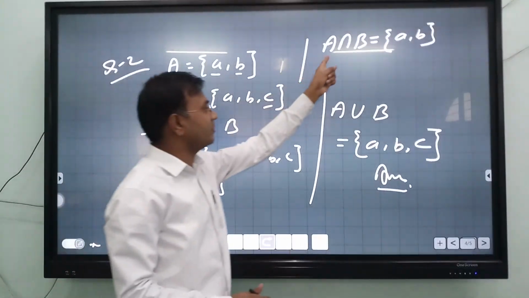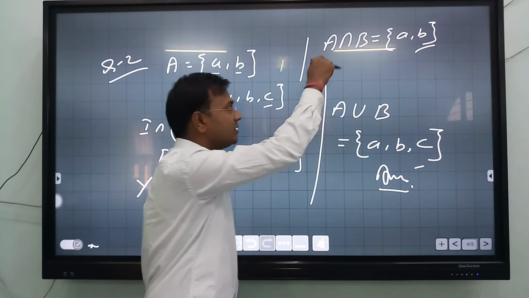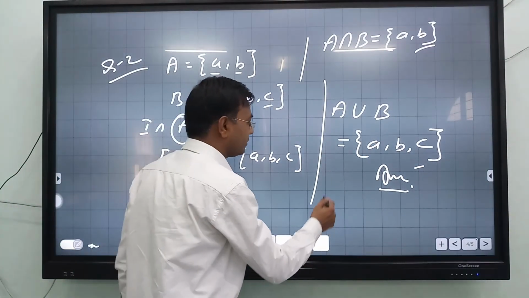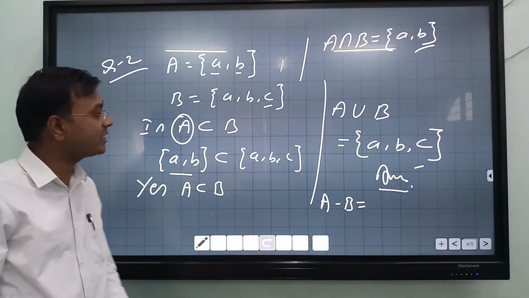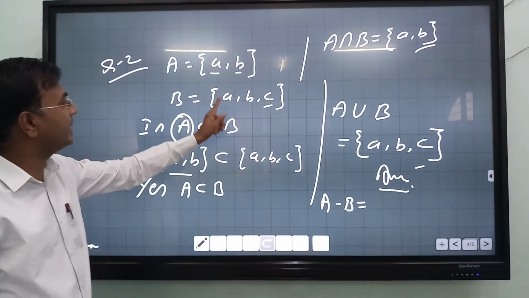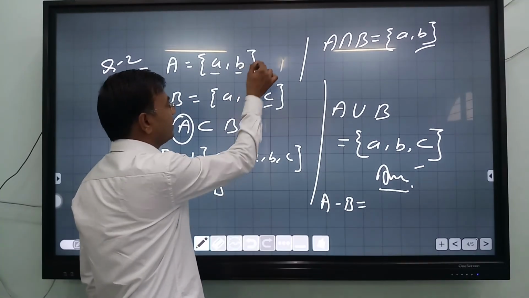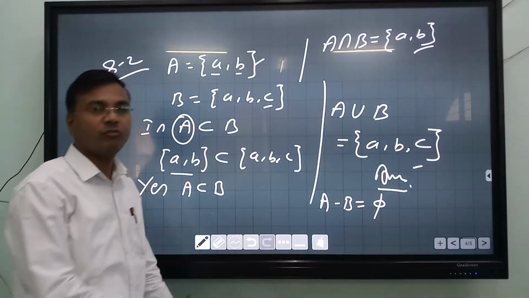So A intersection B equals {a, b}. Now let's check A minus B also. Find A minus B. a and b have to be removed from A, and what is left in A? Nothing. So A minus B equals the empty set.